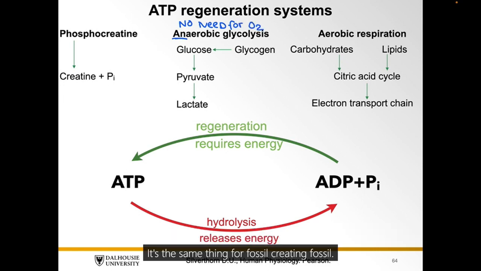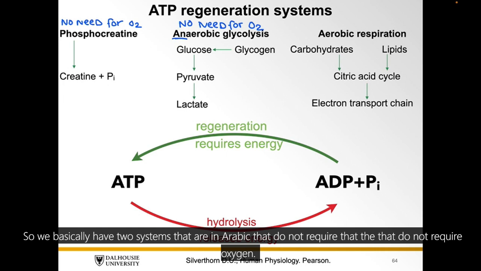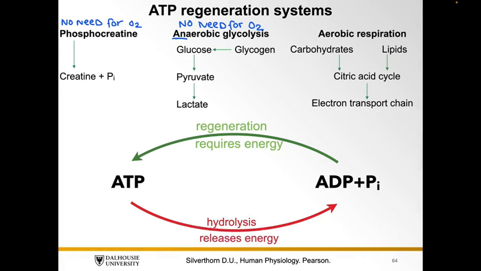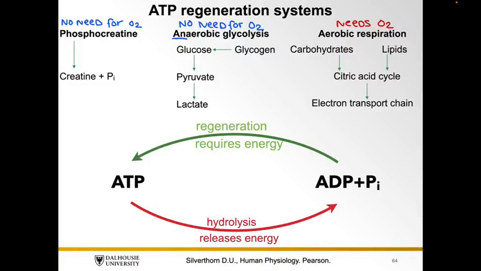It's the same thing for phosphocreatine. Phosphocreatine can make ATP without oxygen. So we basically have 2 systems that are anaerobic that do not require oxygen, and we have 1 system here that requires oxygen, which is our aerobic respiration.